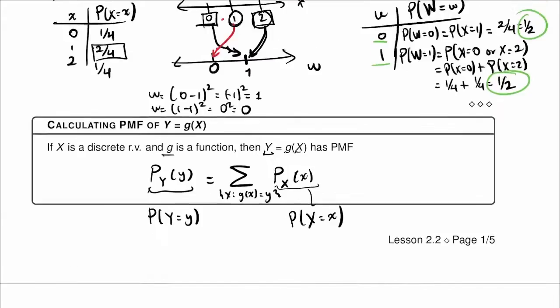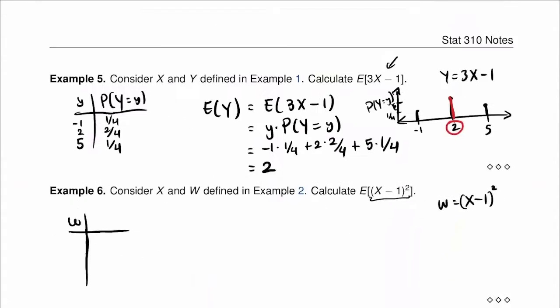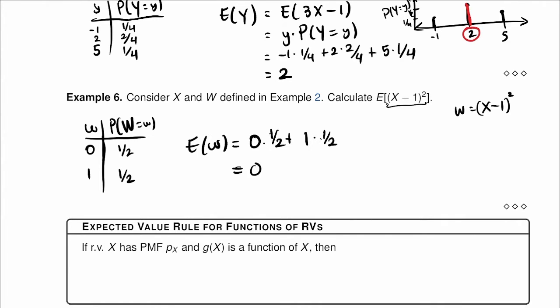W was 0 and 1 with probabilities 1/2 and 1/2, right? So the expected value of W is basically 0 times 1/2 plus 1 times 1/2, and this is 0 plus 1/2, and this is 1/2, right?